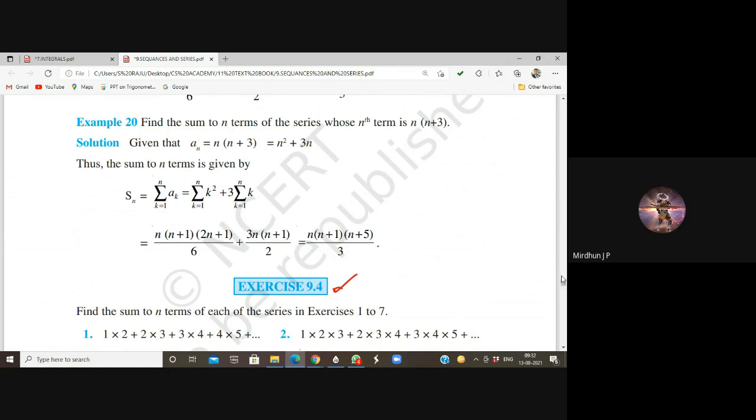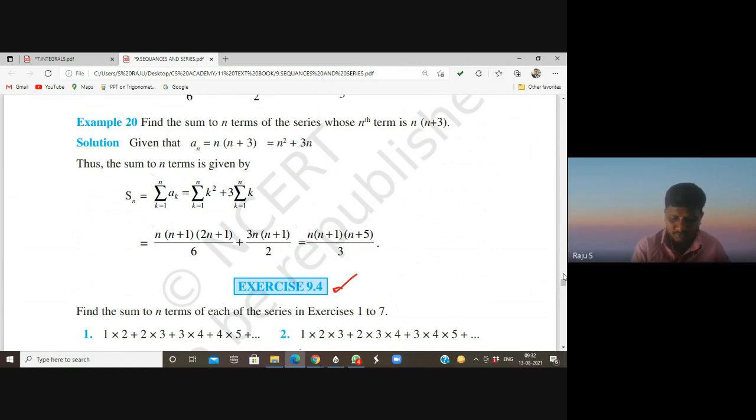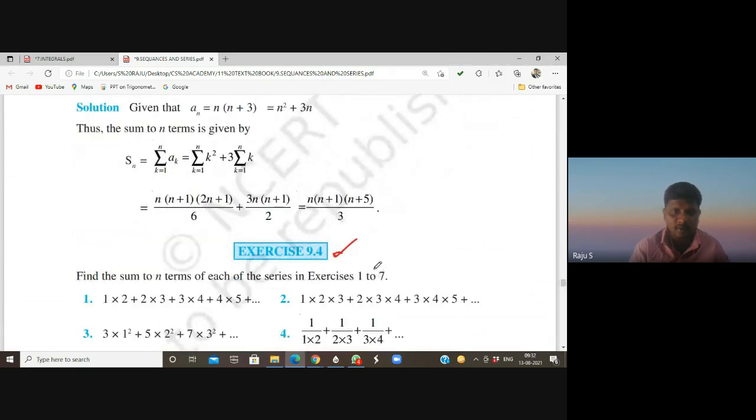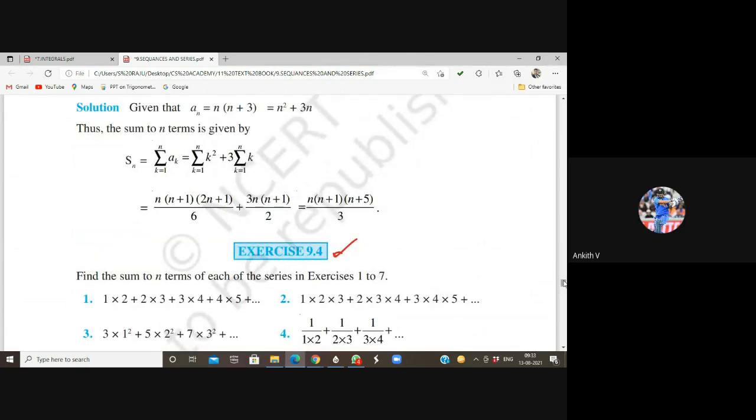Binomial theorem, principle of mathematical induction, and mathematical reasoning. In the remaining chapters also, few exercises are deleted; I already have that data. Trigonometric equations is removed, I think.